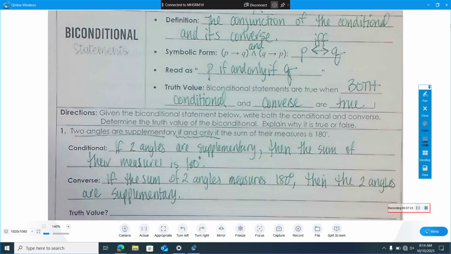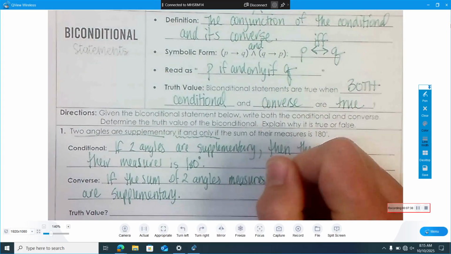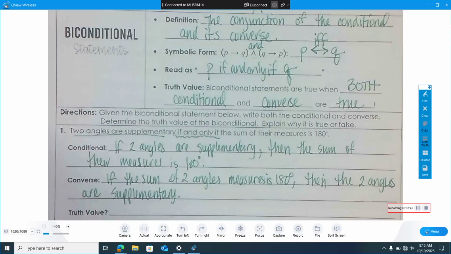All right. Okay, so if the sum of two angle measures is 180 degrees, I guess it is 180 degrees. The sum is 180 degrees. That makes more sense there. Then the two angles are supplementary.